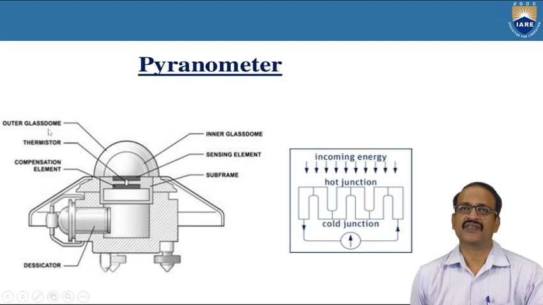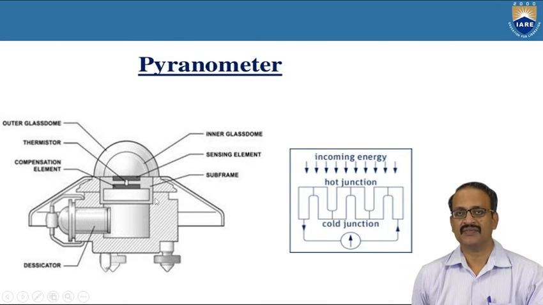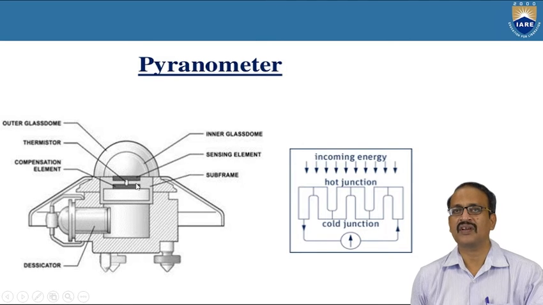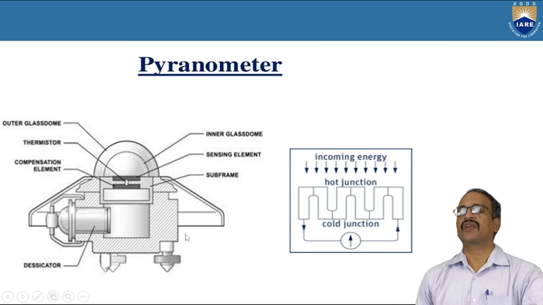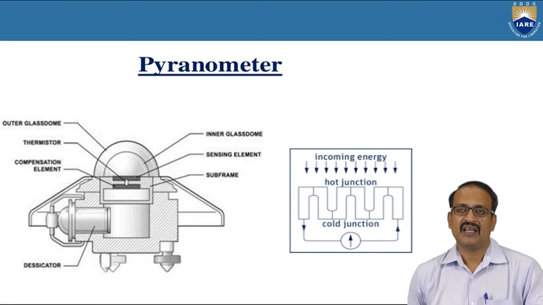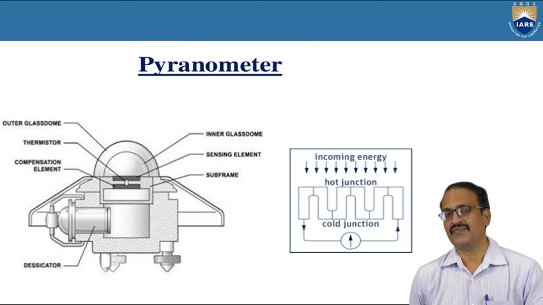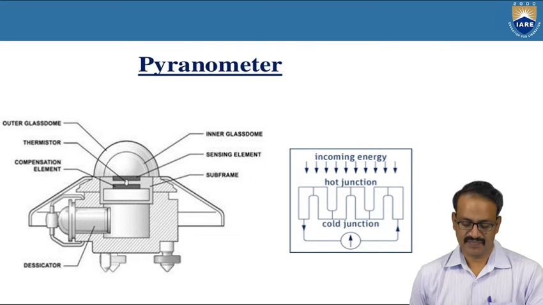So this is the outer glass dome, and this is the thermistor. We have to measure the temperature and compensation element. So hot junction and cold junction you can observe here. Subframe, sensing element, inner glass dome. So outer glass dome, inner glass dome, and desiccant is there. With this combination, we are able to measure the global radiation of the sun.